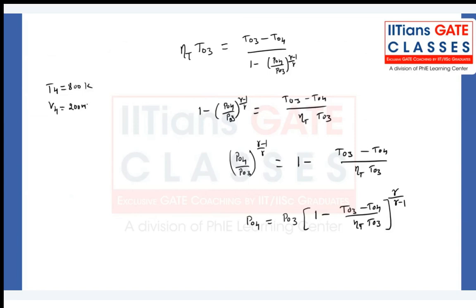From here I can calculate T04 using the energy equation: T04 equals T4 plus V4 squared divided by 2 Cp, and Cp is given as 1147. You should be able to get T04 as 817.44 Kelvin.